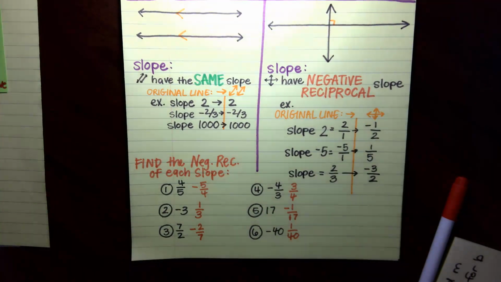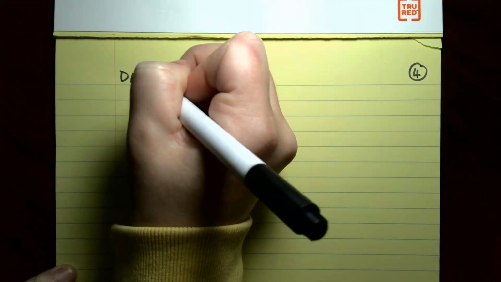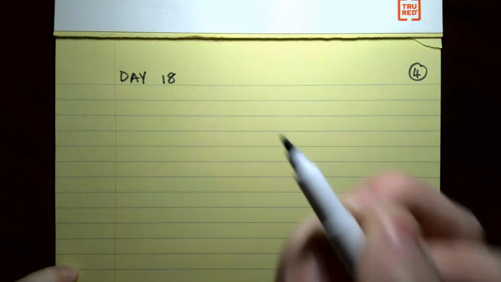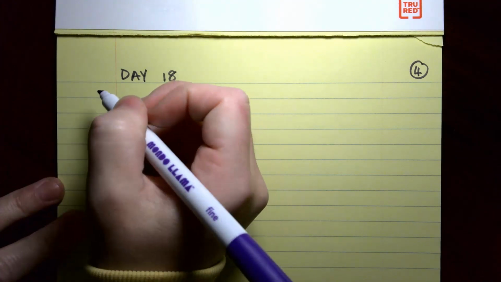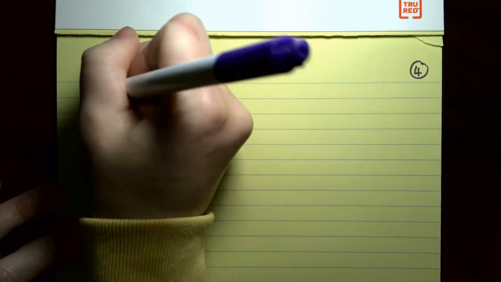Okay, now we are starting our 4th page of notes for day 18. We are going to do some practice writing the equation of a perpendicular line.